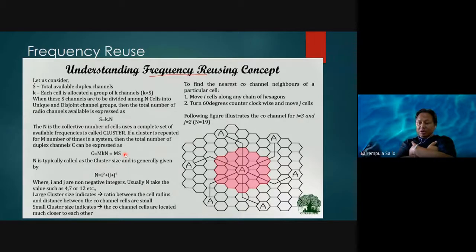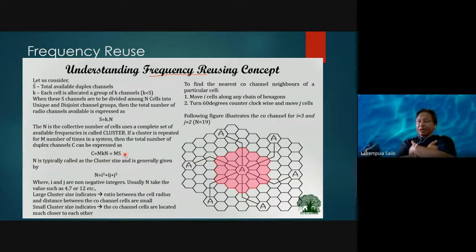If the cluster size is small, the frequency reuse cells are closer, closer to the replica frequency.